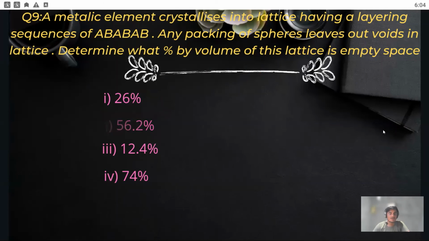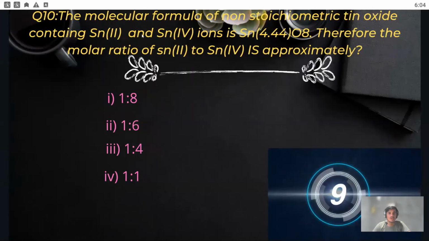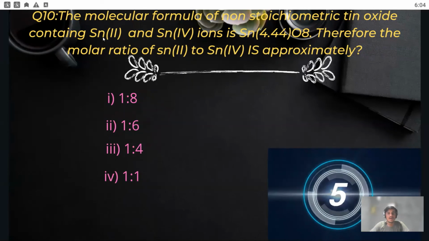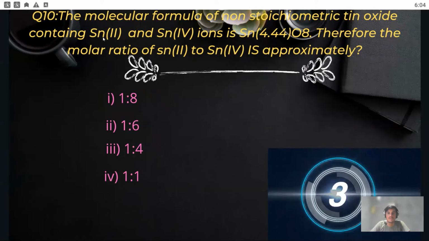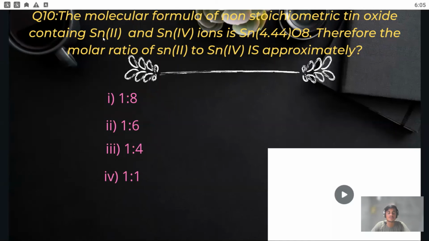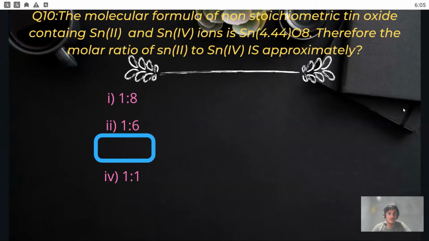Next question, and the final question of solid state. The molecular formula of a non-stoichiometric oxide containing Sn2+ and Sn4+ ions is Sn4.4O8. Therefore, the molar ratio of Sn2+ and Sn4+ is approximately... The correct answer is 1:4.